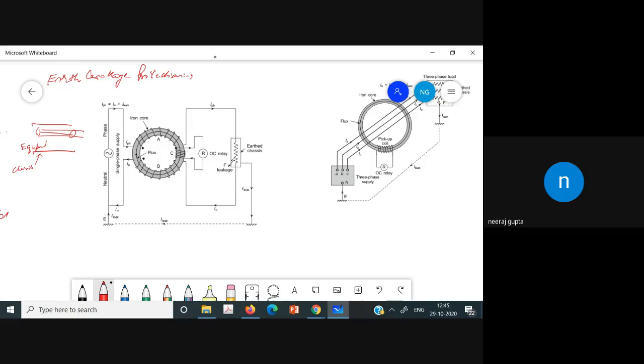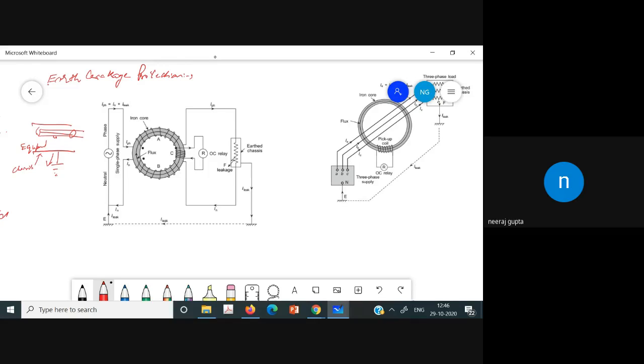Because of the insulation failure, the chassis of the equipment becomes live. What it means is that this causes leakage current to the earth. Since the chassis of the equipment is always connected to the earth, there is leakage of current to the earth from the chassis of the equipment.